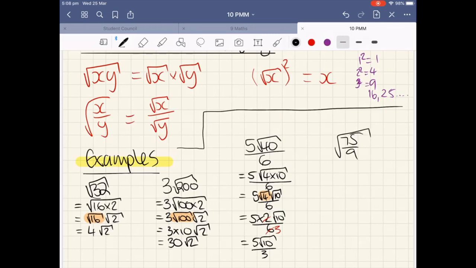Our final example over here, we've got the square root of 75 on 9. The cool thing about that is that 9 is already a square number, which is super awesome. So we just need to think about a square factor of 75. Using the second surd rule, we're going to break that into root 25 times 3 all over root 9 in the same step.